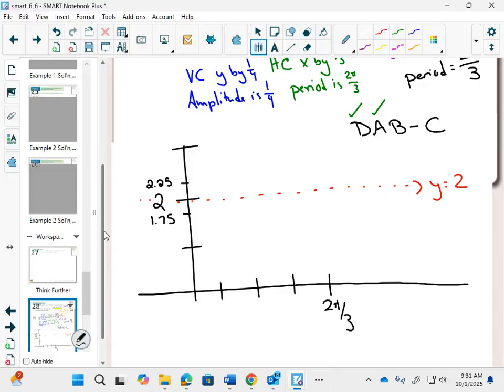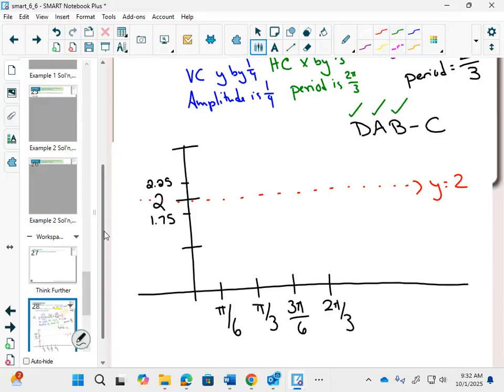Half of 2 pi over 3 would be 1 pi over 3, or 2 pi over 6. Half of pi over 3 would be pi over 6. And then the third one, 1 pi over 6, 2 pi over 6, 3 pi over 6. Again, you could reduce this to pi over 2, but you don't have to. So that is what you do with your B value.